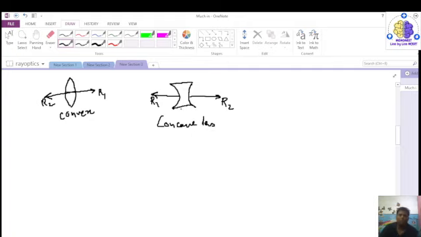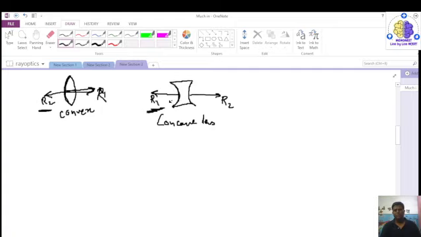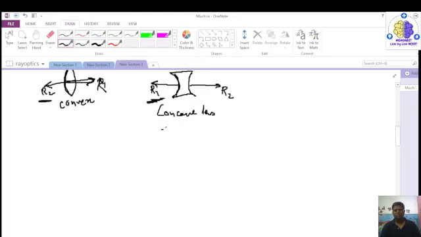Now what you have to remember here is the convention that we are always taking the left curved surface as the first surface, and therefore we are taking the radius of this surface as R1, whether it is a concave lens or convex lens, right? The radius of the leftmost surface will be taken as R1.